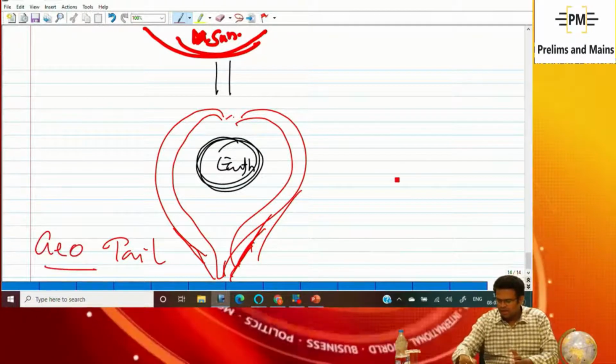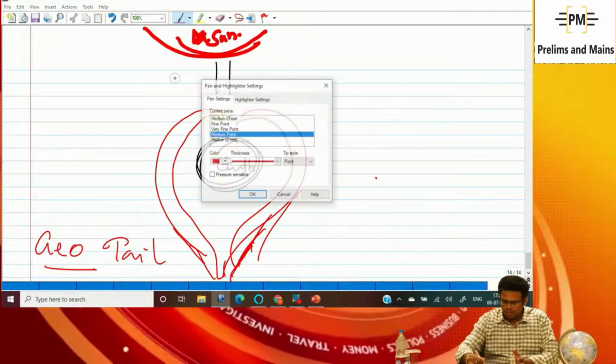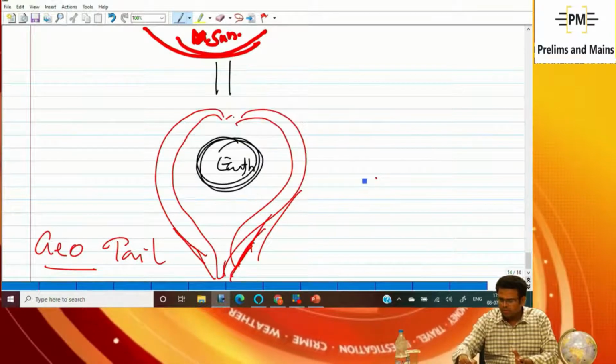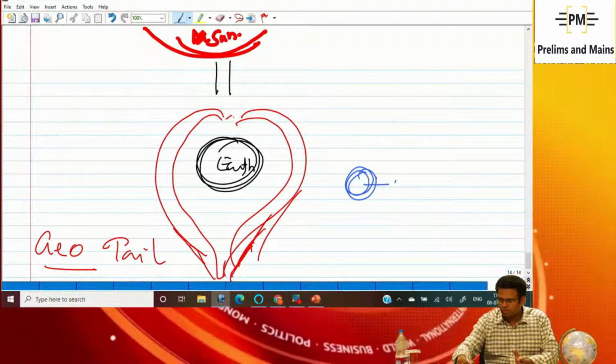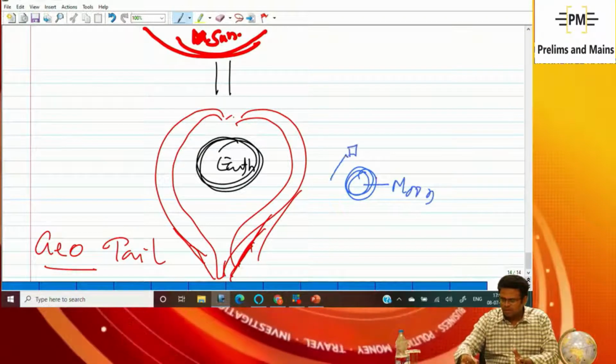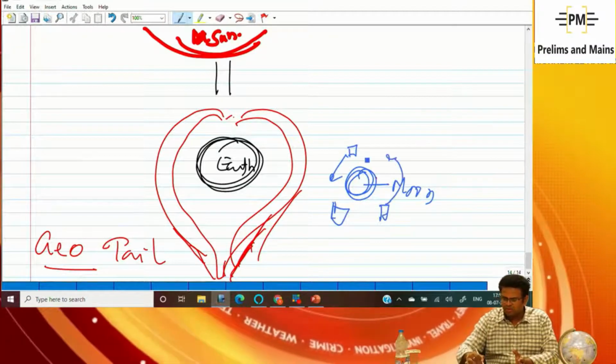And here we have the moon, and around the moon the orbiter is moving. This orbiter is also taking pictures of this geotail.